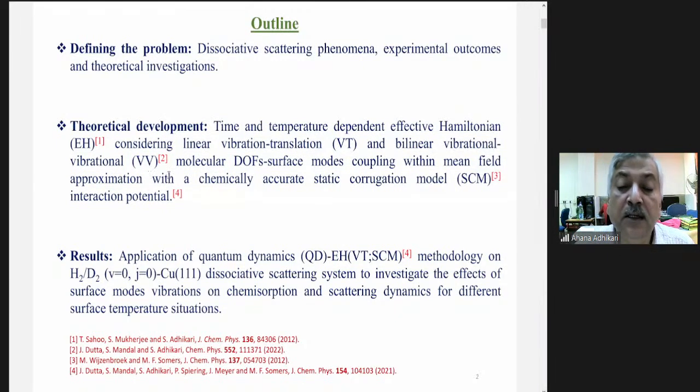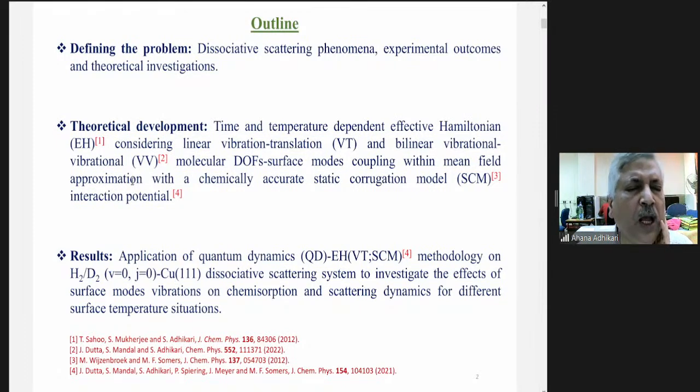So for that, you need to consider an approximation, and we will do this at the mean field level. That means we are not considering the coupling between molecule and the surface beyond the Hartree product.